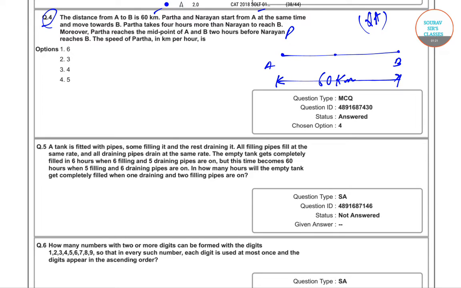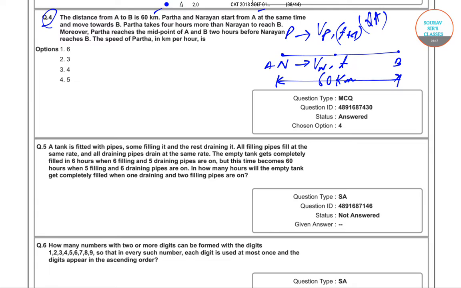Partha and Narayan both start from point A and move towards point B. Partha takes 4 hours more than Narayan to reach B. So if we assume that Partha moves with the velocity Vp and Narayan moves with the velocity Vn, and Narayan takes t hours to reach point B, then Partha will take t plus 4 hours to reach point B.